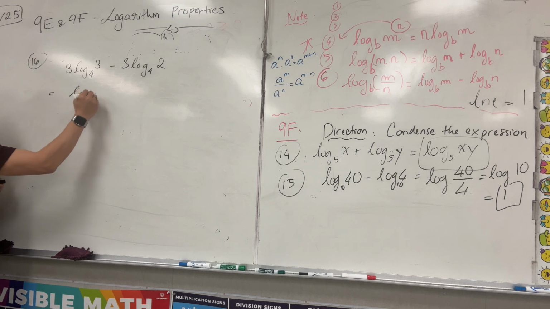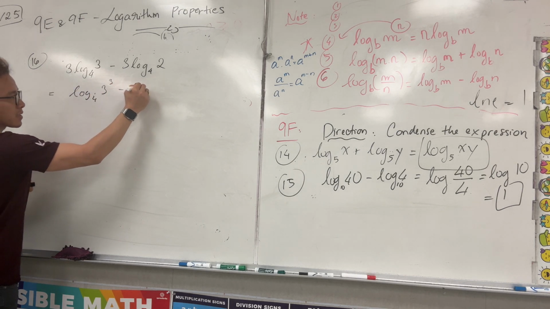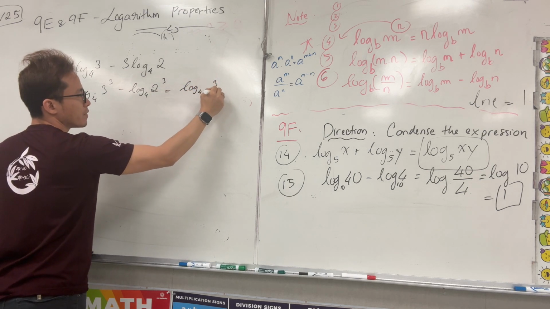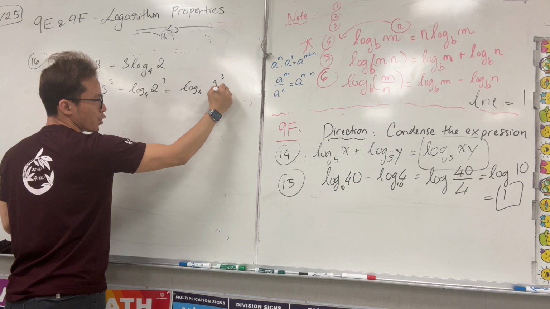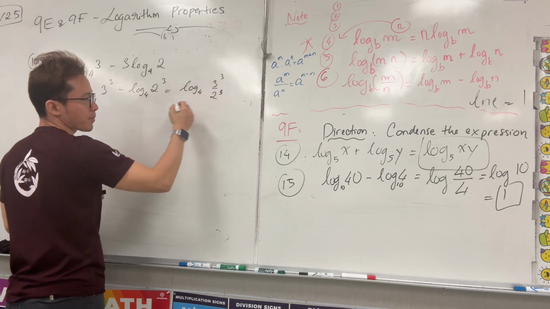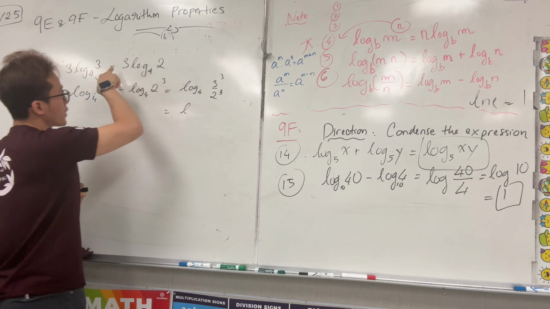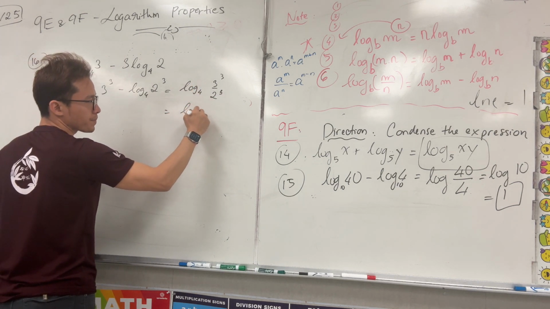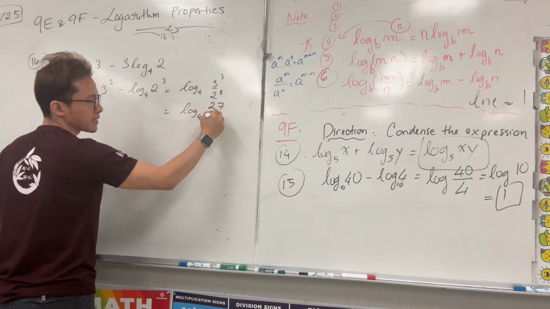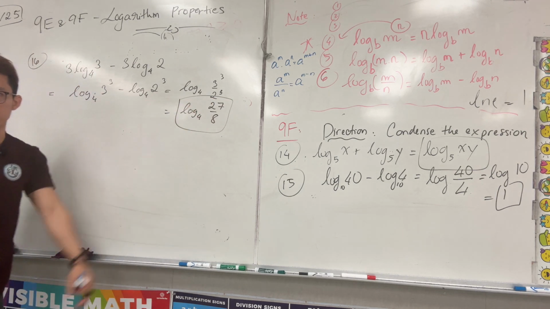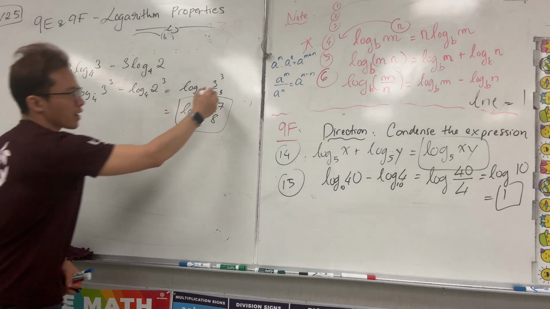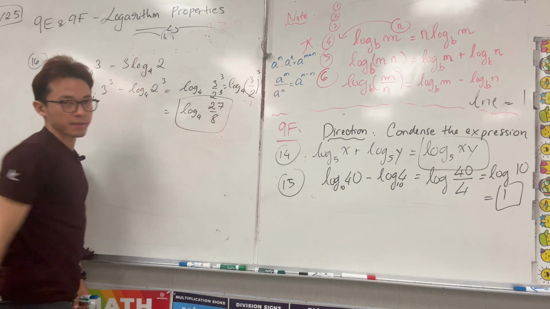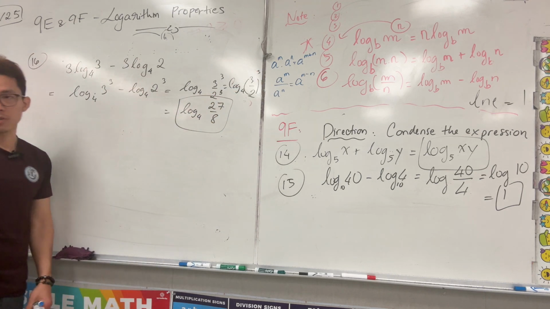So you have log base 4 of 3 cubed minus log base 4 of 2 cubed, and this means log base 4 of 3 cubed over 2 cubed. You can also put them inside parentheses, same thing, or you can factor out a 3. There are many ways you can do it, but the answer is going to be 27 over 8. I know a lot of you wrote it like this. It's also correct, but try to also give the number.